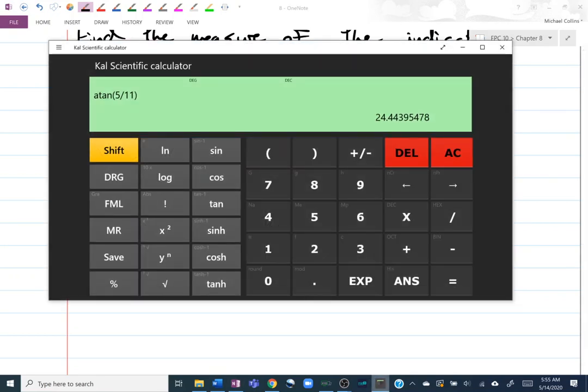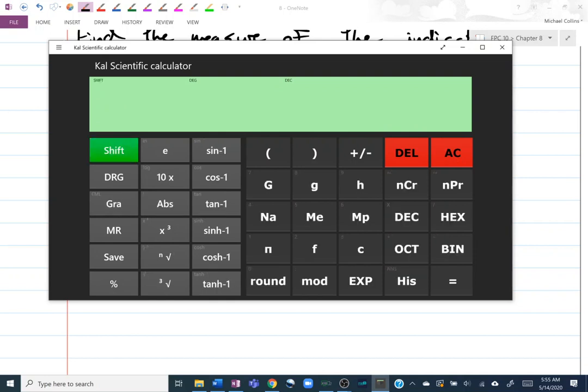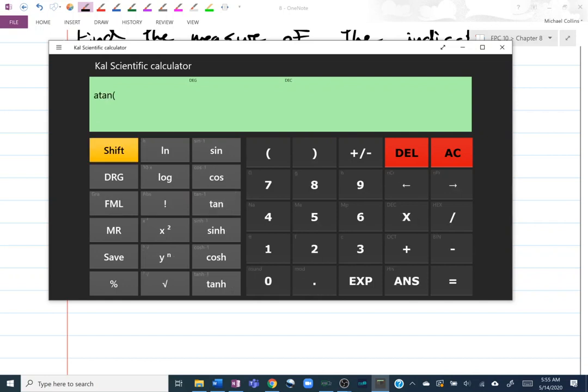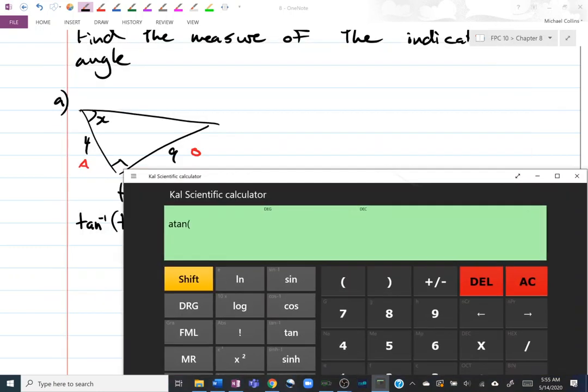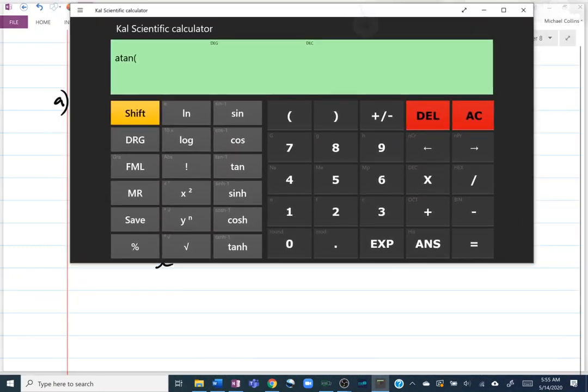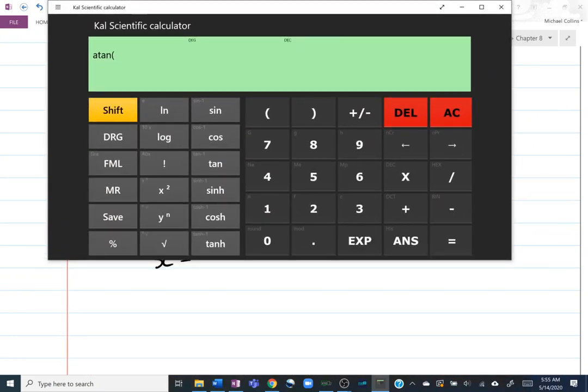So I can open up my calculator. I'm going to clear everything that was in there. And I'm going to hit Shift, because that's how I do it on my calculator. Inverse tan. On most calculators, it won't say inverse tan, it'll just say tan with a little -1. And then I'm going to type in that little ratio that I already have, which is 9 over 4.